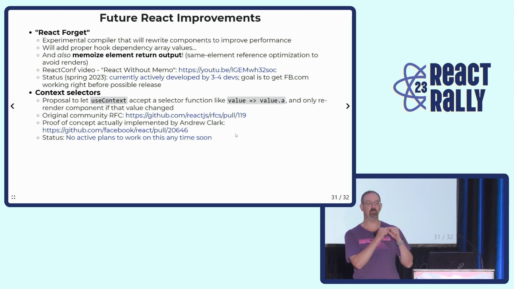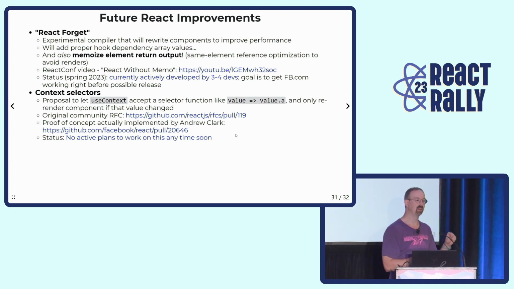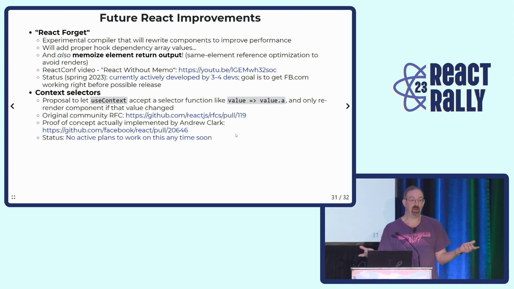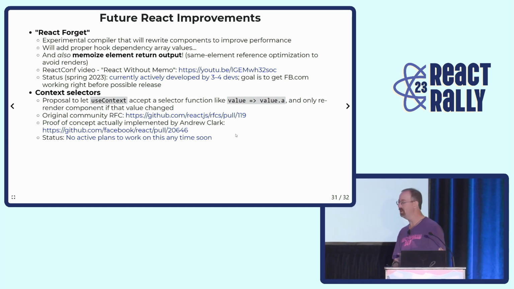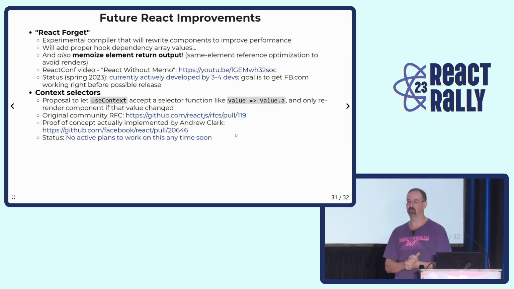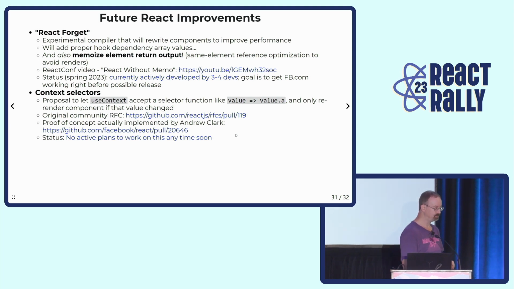So if it knows that it needs this piece of data, it'll only recalculate the element objects if that data changes, which basically means much, much faster component performance out of the box. So this is in very active development. They are working on it to make sure that the Facebook website works right. They had a blog post back in March where they talked about the progress. I am very, very excited about this for the future of React.